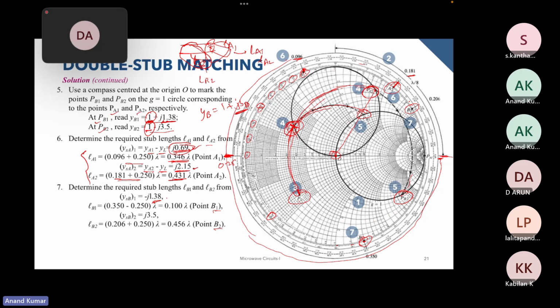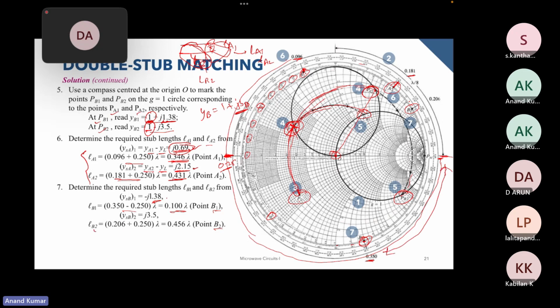So once you have got b1, now you have to calculate the distance from the short circuit point towards the generator. So its entire length is 0.25, and if you read this value, this is 0.350. So subtracting, we get this length from here to here as 0.1 lambda.